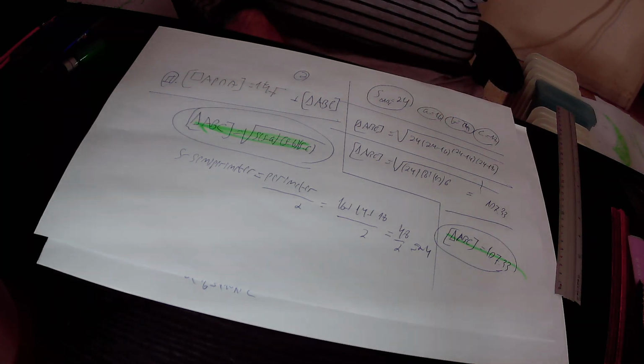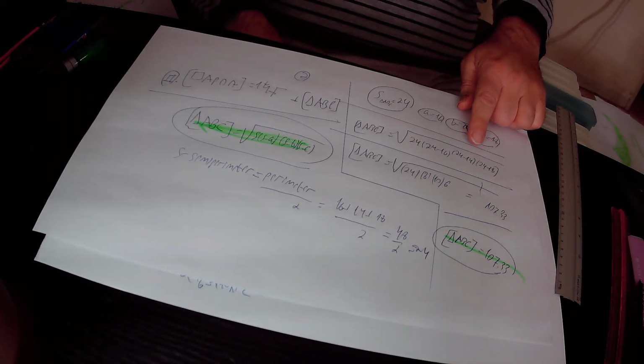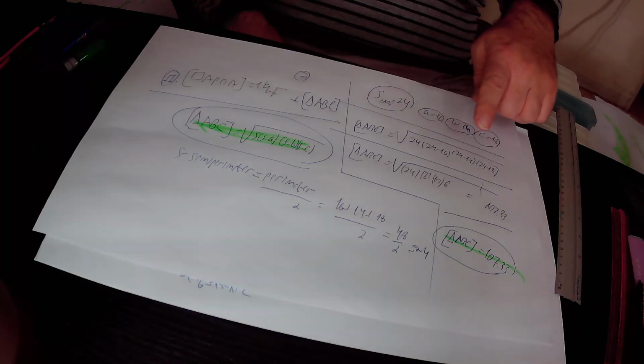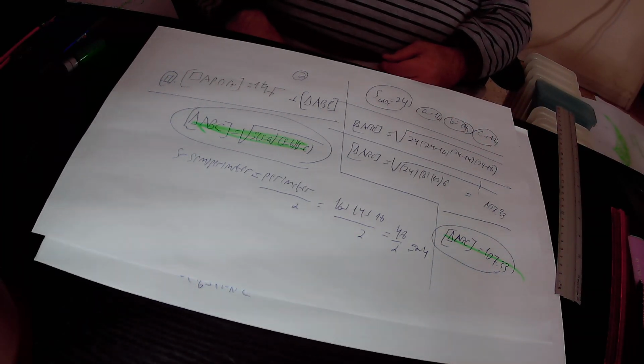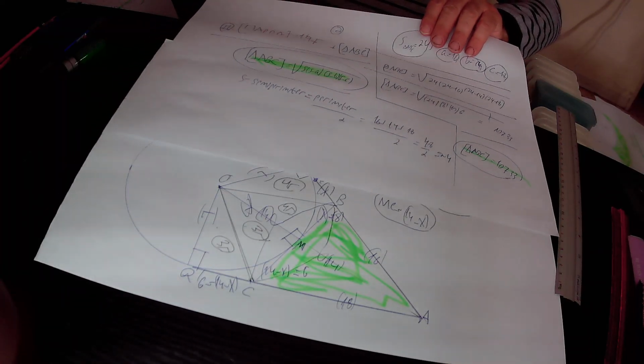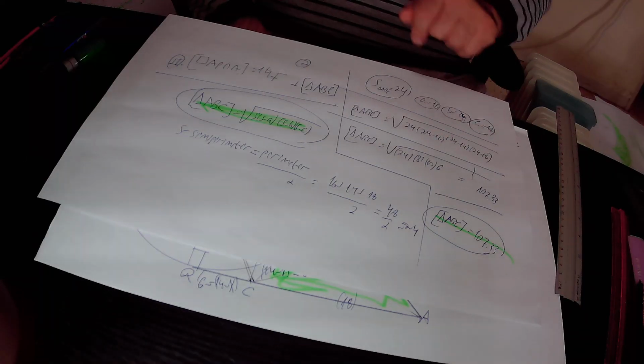So the area equals the square root of 24 times 8 times 10 times 6, since 24 minus 16 is 8, 24 minus 14 is 10, and 24 minus 18 is 6.